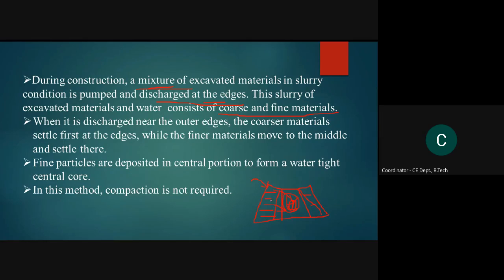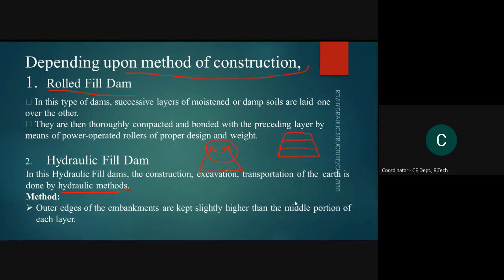All the fine material comes to the center or the core part, so this part becomes the impermeable part, or it creates an impermeable layer. In this method, compaction is not required. This working mechanism of constructing this type of earthen dam is called a hydraulic fill dam.